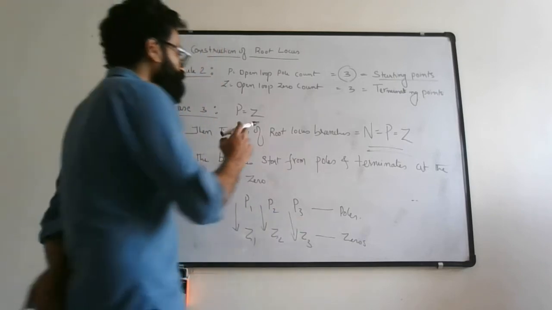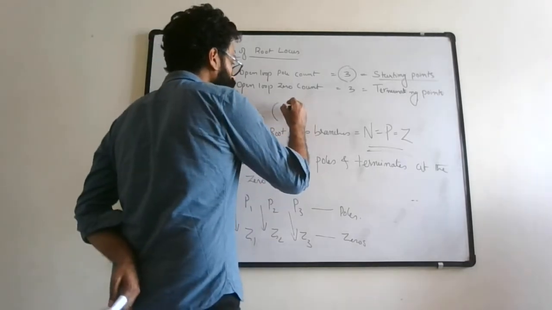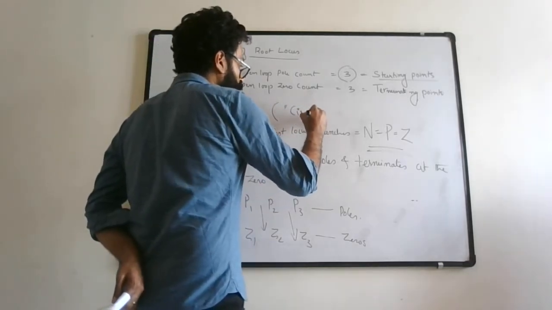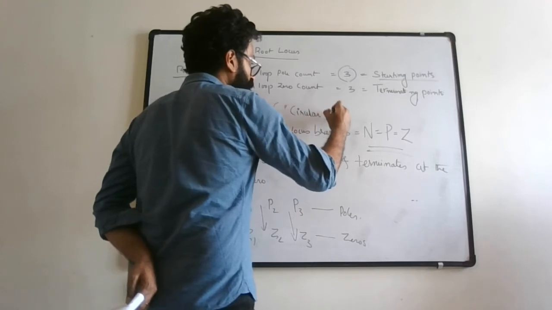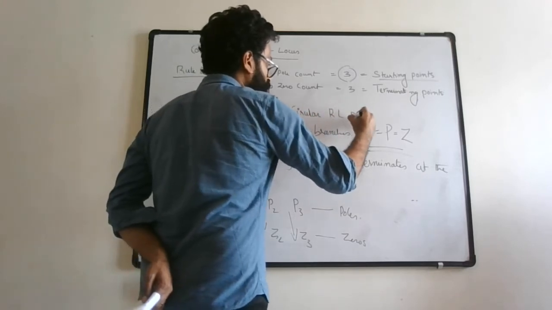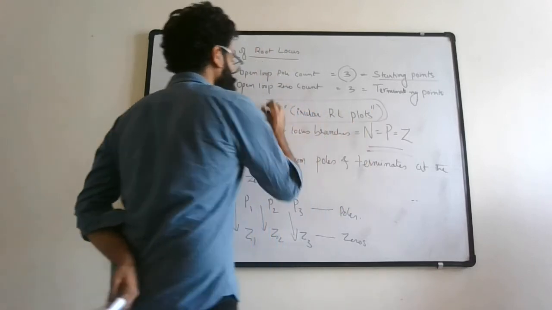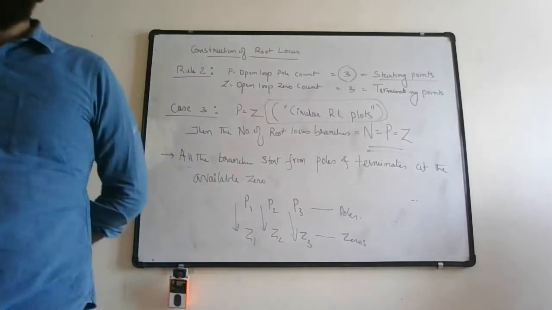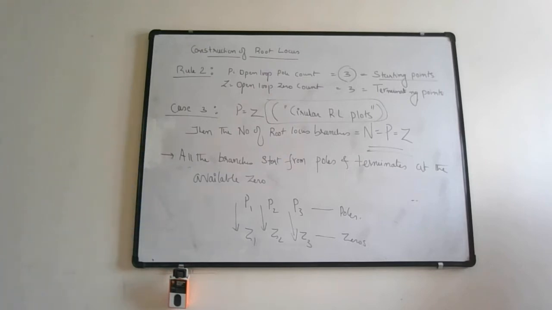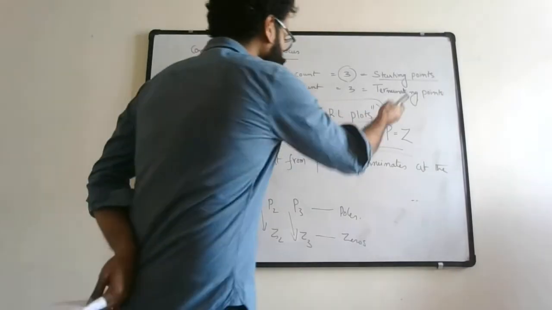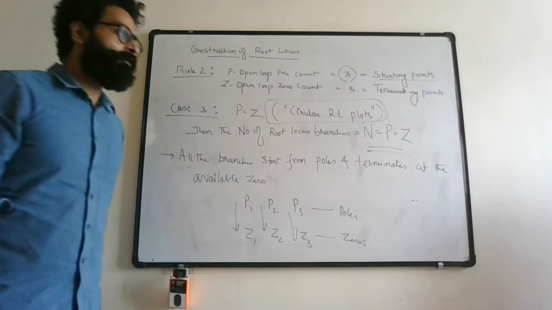So such problems basically give circular root locus plots. Okay. It's an interesting property. Whenever p is equal to z, such problems basically give circular root locus plots.